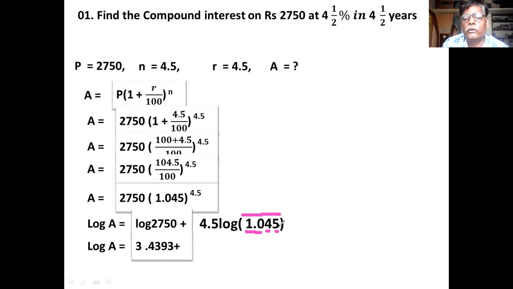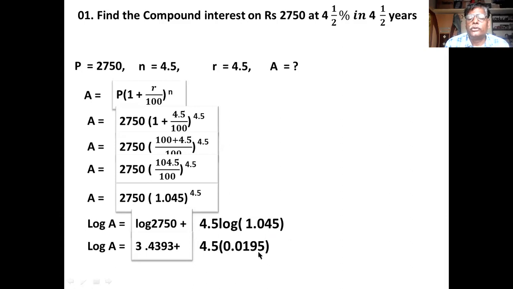Whatever is there in the mean difference, you add to the Mantissa. Therefore, 10, 4 column is 0.0170. And 5 is 21. If you take the total, its value is 0.0195.